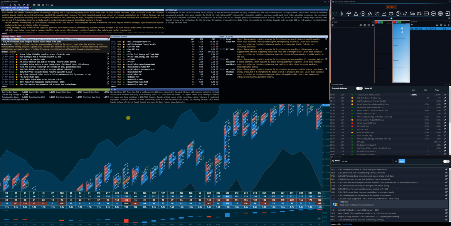There are some new softwares doing the same thing, and I'm sure a lot of them are really good, but again, I like Sierra Chart because it's highly customizable, and Jigsaw is really accurate, really good, works well for me. So that's what I've been using for pretty much 15 years as well.